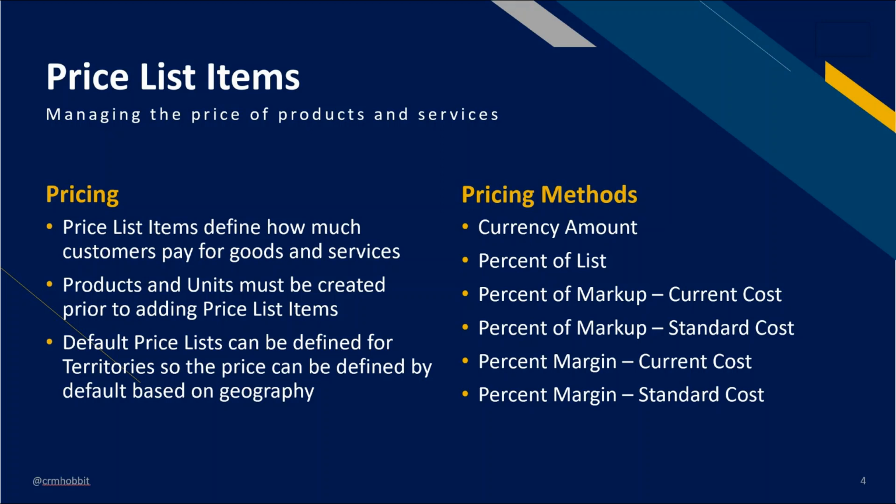I've seen where customers want to manipulate the margin within a particular opportunity or a particular quote, and this can be done with some configuration within Dynamics 365 customer engagement. But at a price list level, you can define a specific percentage. So for percent margin or percent markup, when you create that price list item and use that pricing method, you have to define the percentage right then and there.